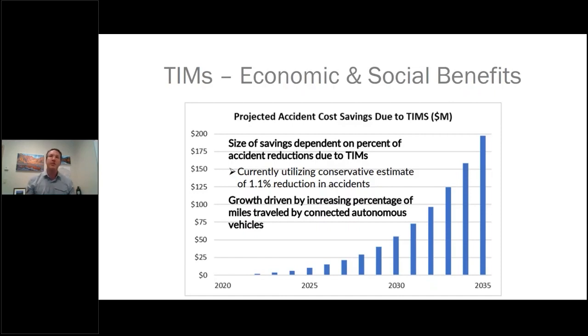So deploying emergency services and being able to do that. It doesn't really factor in a lot of the fatalities that are associated with it as well. So over time, you can actually see by 2035, with only that 1.1% reduction, we're looking at a savings of $200 million per year. And that's only going to grow as that connected and autonomous vehicles density increases.